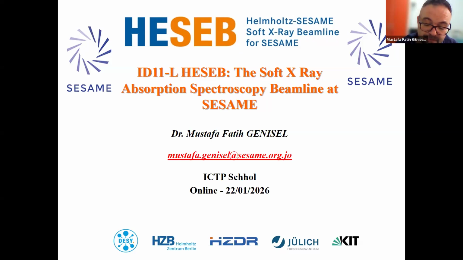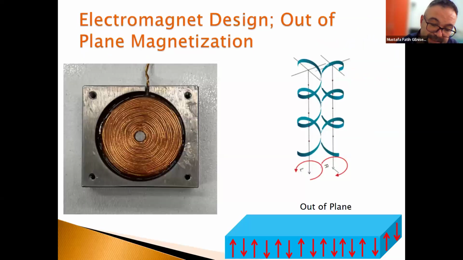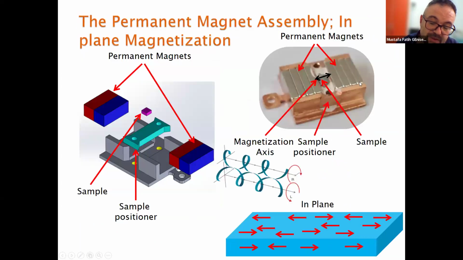But for example, if you are using this one, you cannot make total electron yield. Actually, it depends on the fluorescence yield and total electron yield. If it is less than 1%, total electron yield is not working very well. But fluorescence yield will work, but there are some limitations.